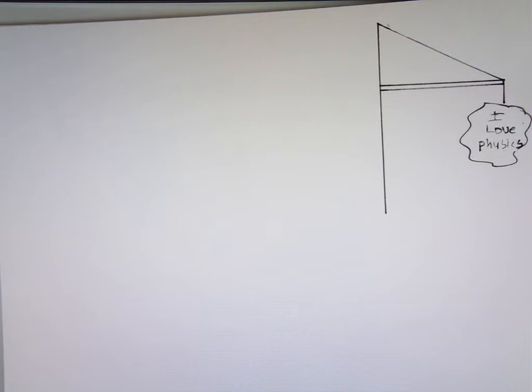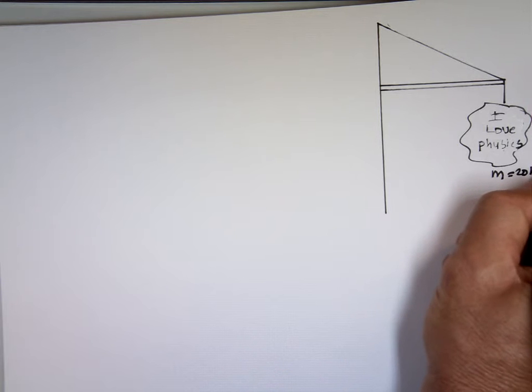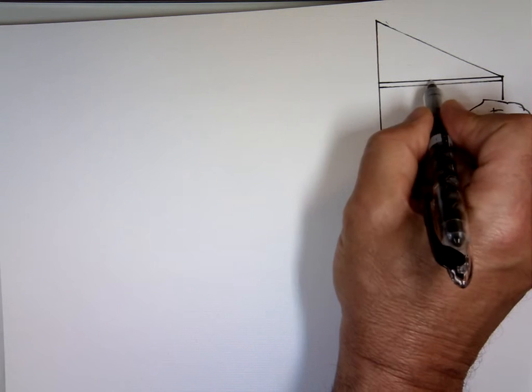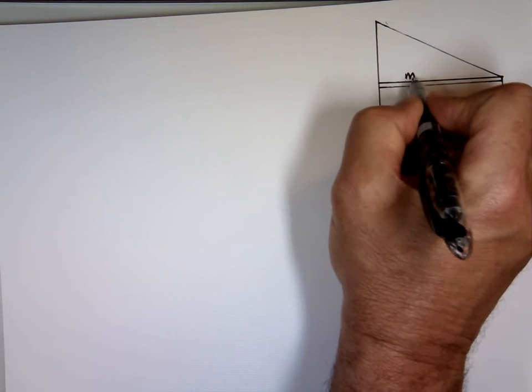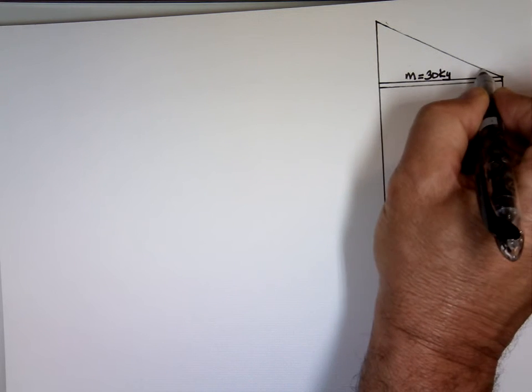That's it, because I know you all love physics. The question is, we have to give you weight for that sign. Let's say the mass of this sign is 20 kilograms. The mass of this beam, 30 kilograms. Let's say this angle is a 20-degree angle.